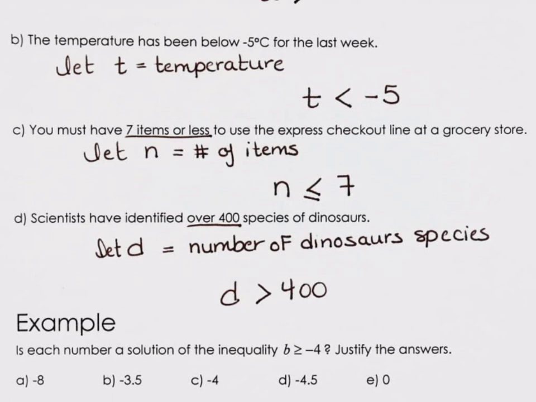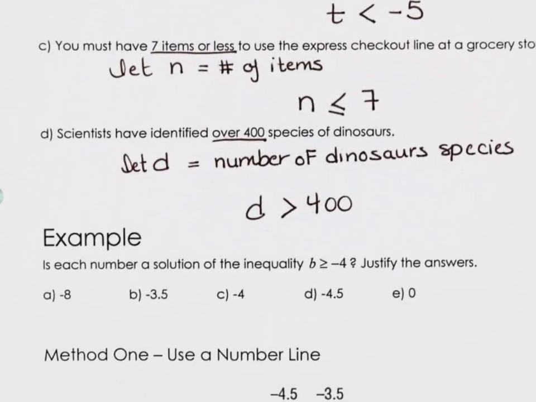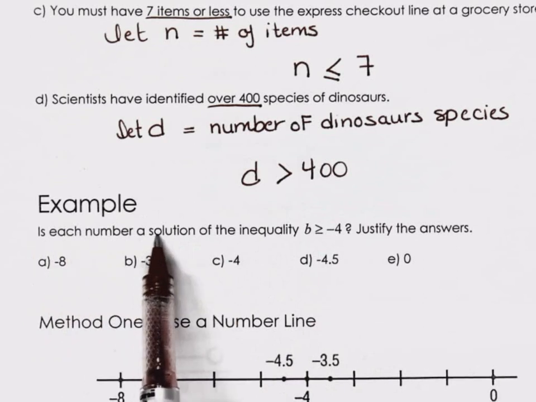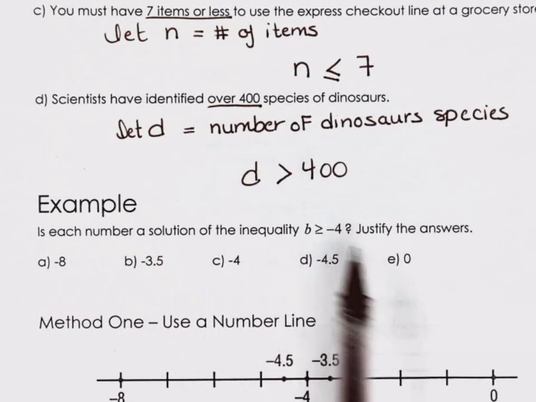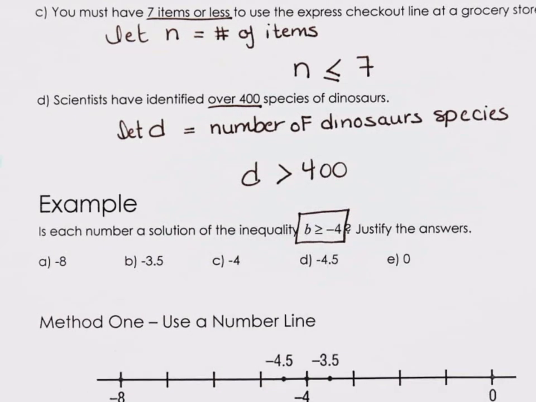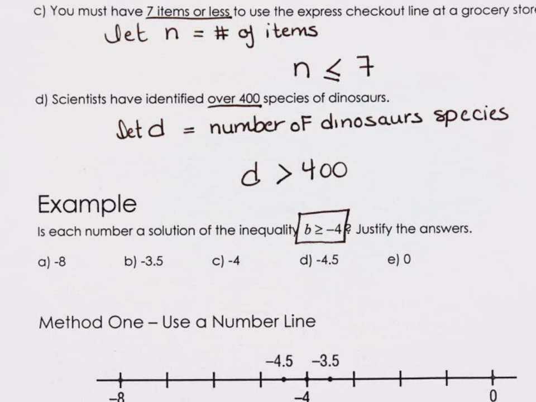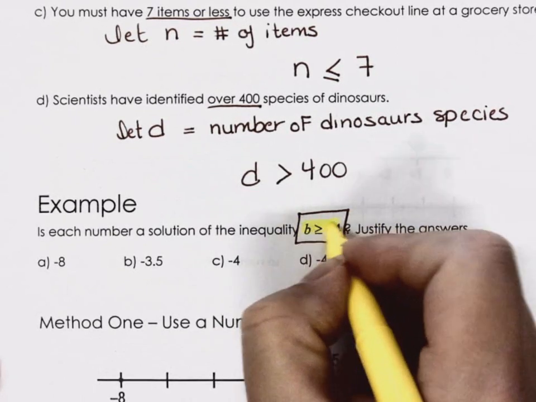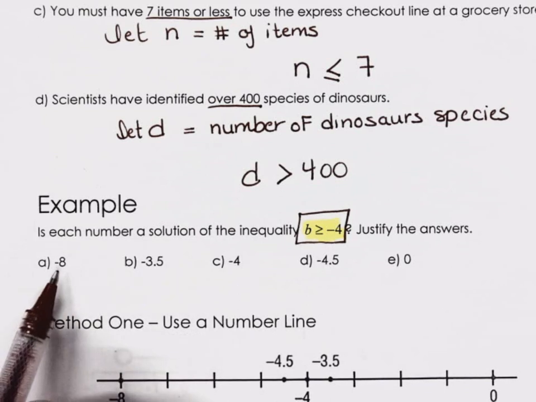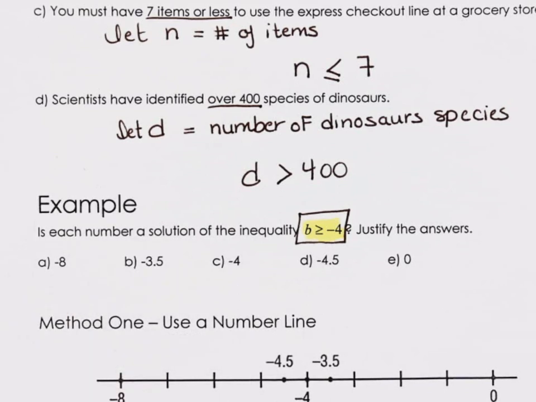Okay, this is a really good question that I'll probably ask on a problem set and on a test. Is each number a solution to the inequality? Justify your answers. So right there, that's the inequality. If you're wondering what the inequality is, that's it right there. So what we're going to do is substitute these numbers in where we see the letter B, and say whether it's true or false.